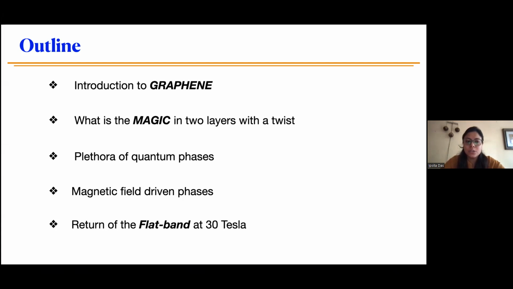And then finally, I'll show you some of my results on magnetic field driven different phases. And finally, I'll show you that if you go to a very high magnetic field, which is 1 magnetic flux quantum of twisted bilayer graphene, then the flat band returns with strong correlation, and you will see again all these different correlated phenomena at high magnetic field.